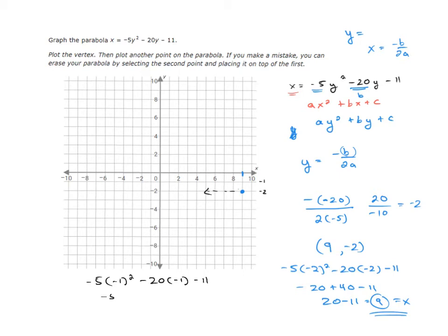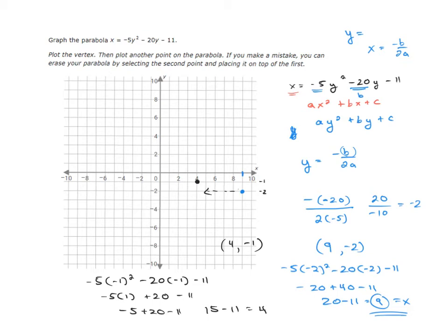I get negative 5 times 1 plus 20 minus 11. Negative 5 plus 20 minus 11. Sheesh. That's 15 minus 11. 4. Oh, my math is on point today. So if I plug in a negative 1 for my y, I'm going to get a 4 for my x. So I'll plot that point right here.